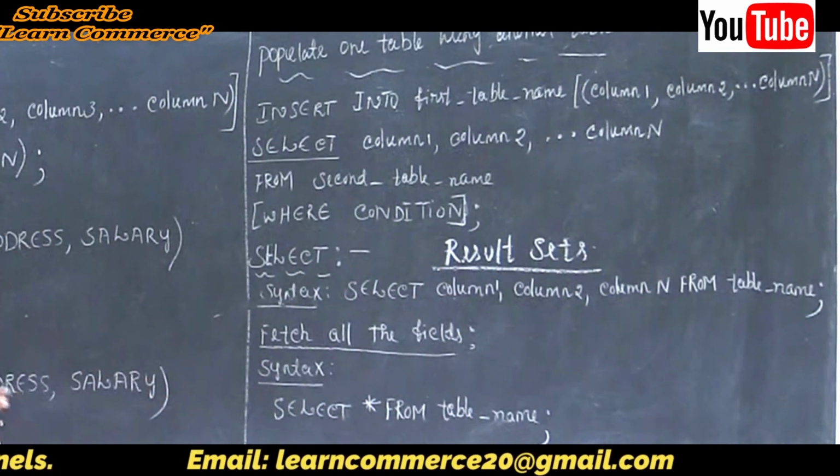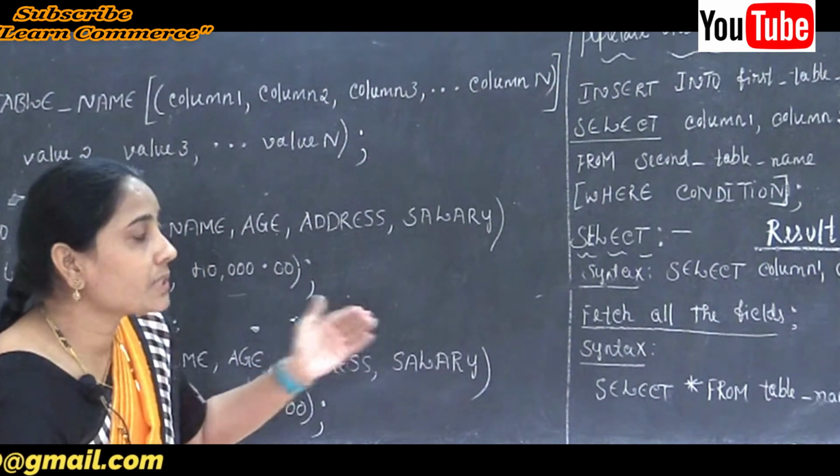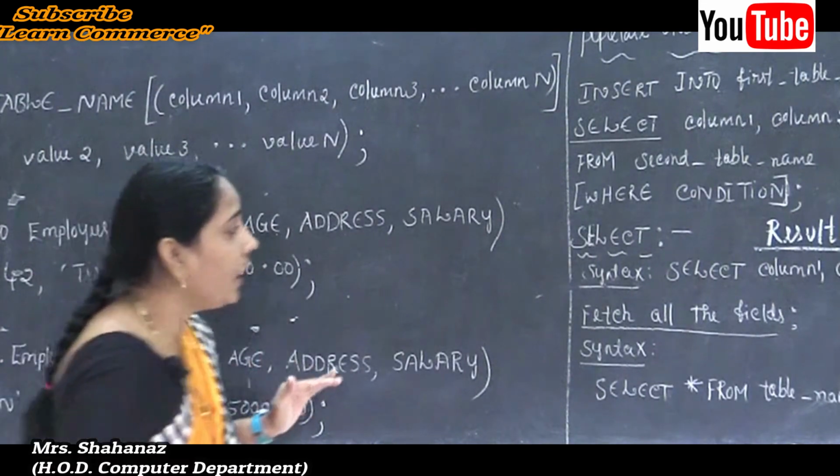Now I think the difference between some columns and all columns of a table is clear to everyone.